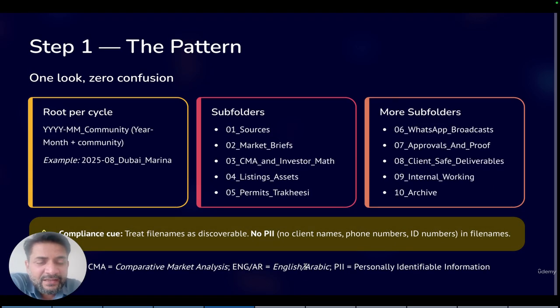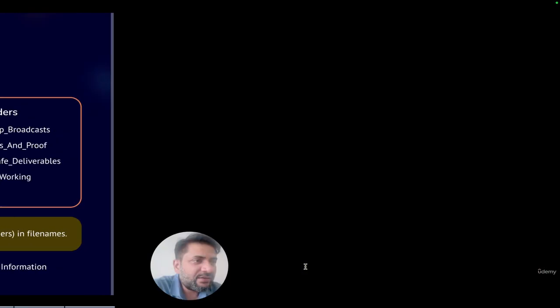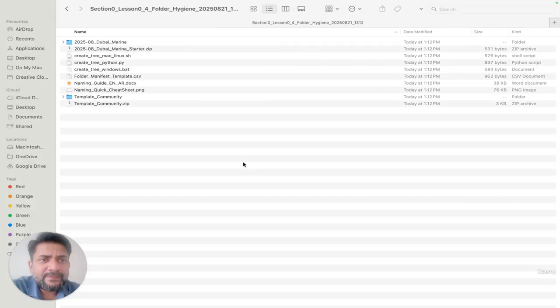Step 1 is the pattern. One look, zero confusion. So the pattern should be like, or could be like, with naming underscore. Okay, let's open the document that we have over here. Naming quick cheat sheet.